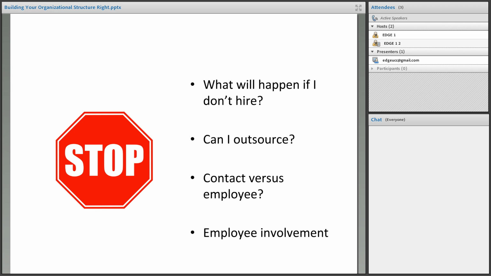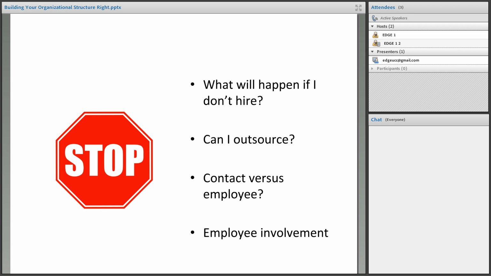Okay, so let's do a quick little check-in here. What you always want to do when you're going through this decision-making process of determining what roles and when and how to decide what roles, you always want to ask yourself these 3 questions. Number 1, what will happen if I don't hire?